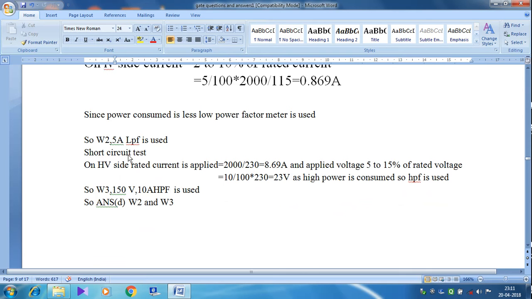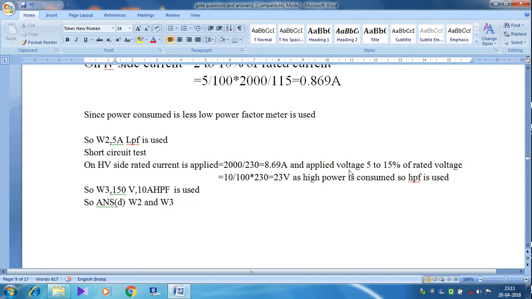See, for the short circuit test on the HV side, the rated current is applied. That is 2000 by 230, 8.69 ampere, and the applied voltage is 5 to 15% of rated voltage.